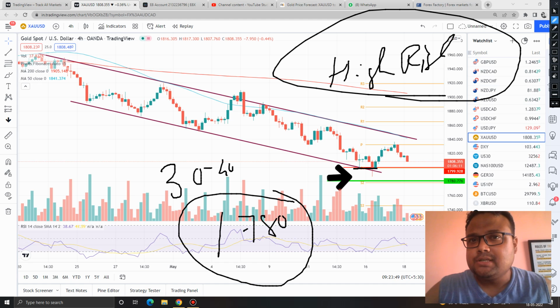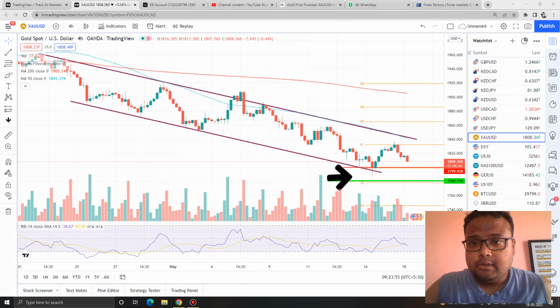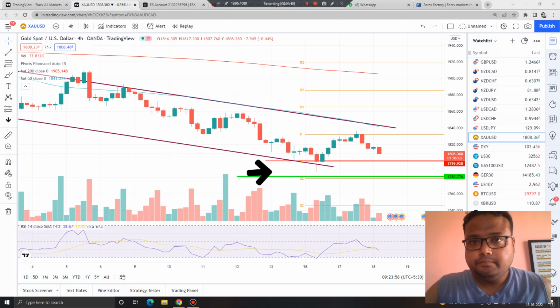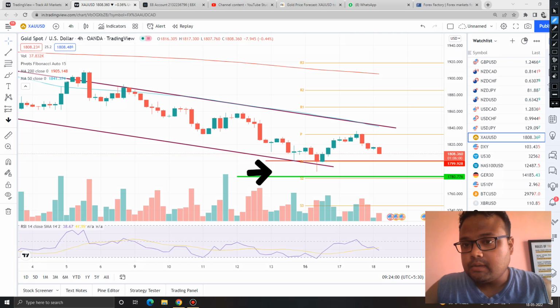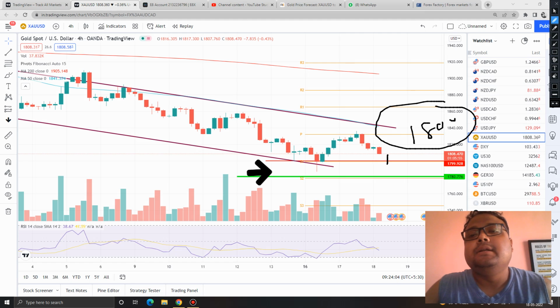So if the market bounces from 1780, we can go for a buy. But if gold breaks the level of 1800, and if the selling pressure is high enough, you can go for a sell position as well.